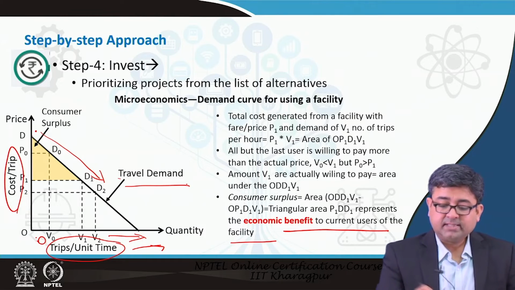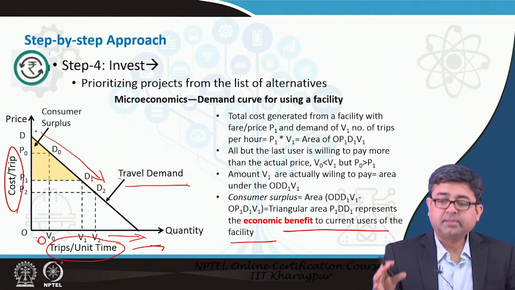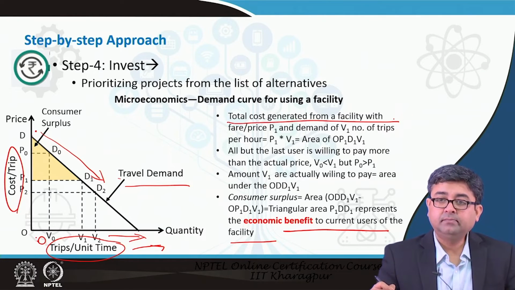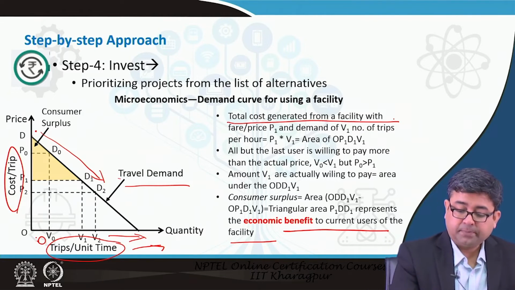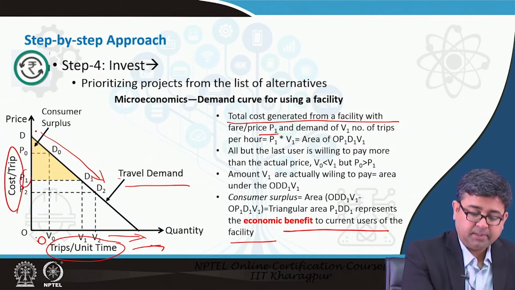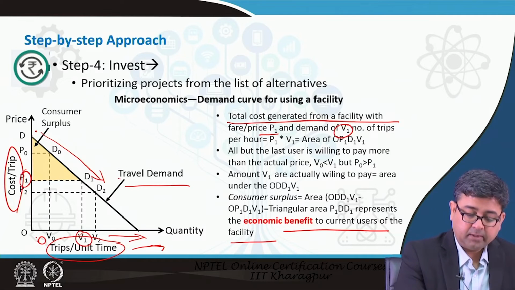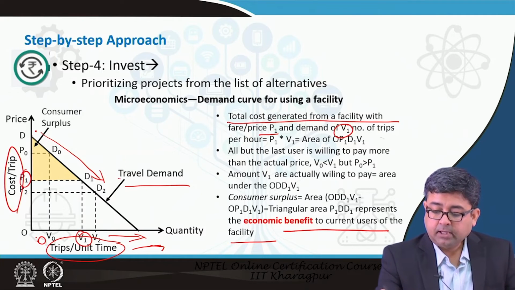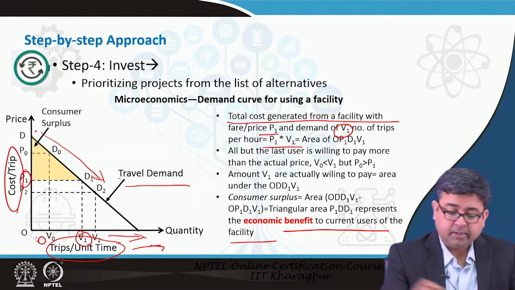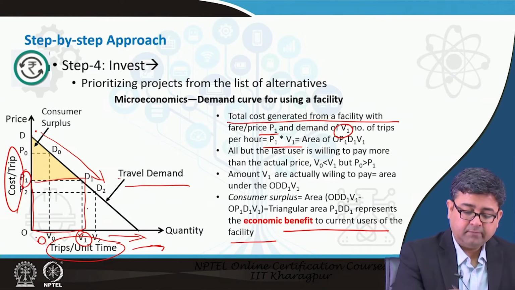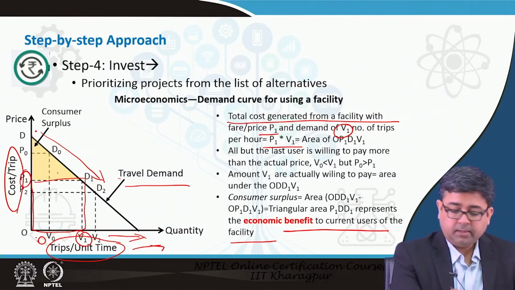So, what this consumer surplus concept says is that the total cost or revenue generated from a facility with a price P1 and demand of V1 is equal to P1 times V1, or nothing but the area O P1 D1 V1.